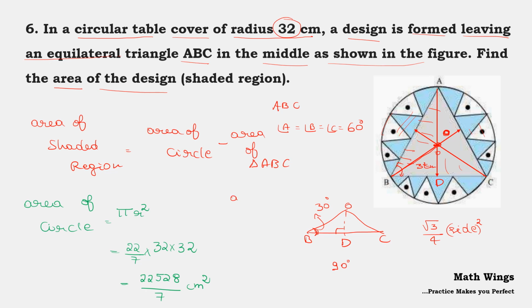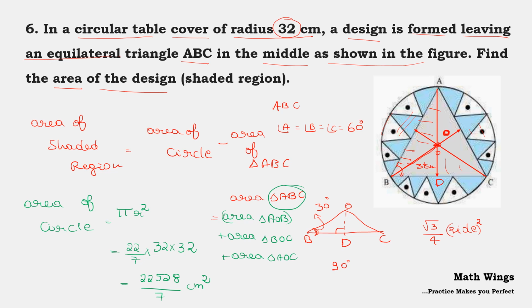So, area of triangle ABC is equal to area of triangle AOB plus area of triangle BOC plus area of triangle AOC. Correct? So if we find any one triangle's area, that is enough to find the area of the complete triangle ABC. So let us now see how we can find the answer here.